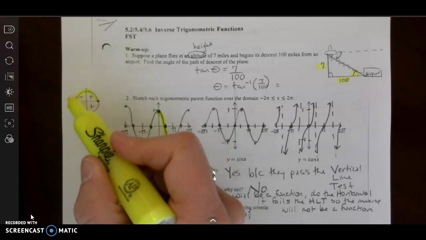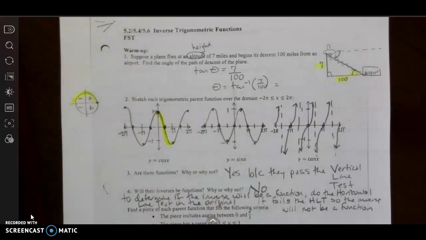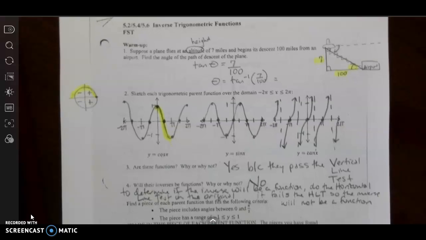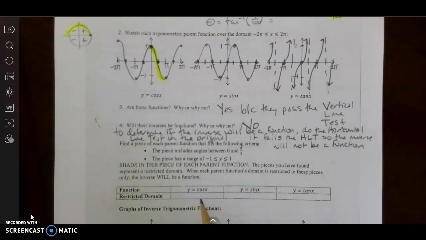And if you did the horizontal line test on just this yellow piece, it passes the horizontal line test if the yellow is the only piece, which means my restricted domain, we're going to jump down to this table here. My restricted domain for cosine of x, in order for the inverse to be a function, is going to be from 0 to pi.